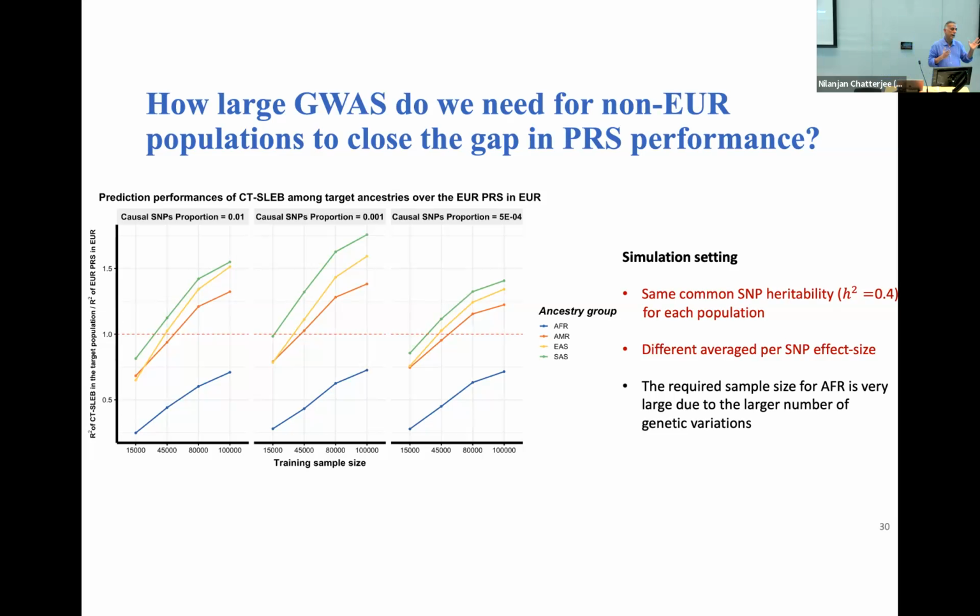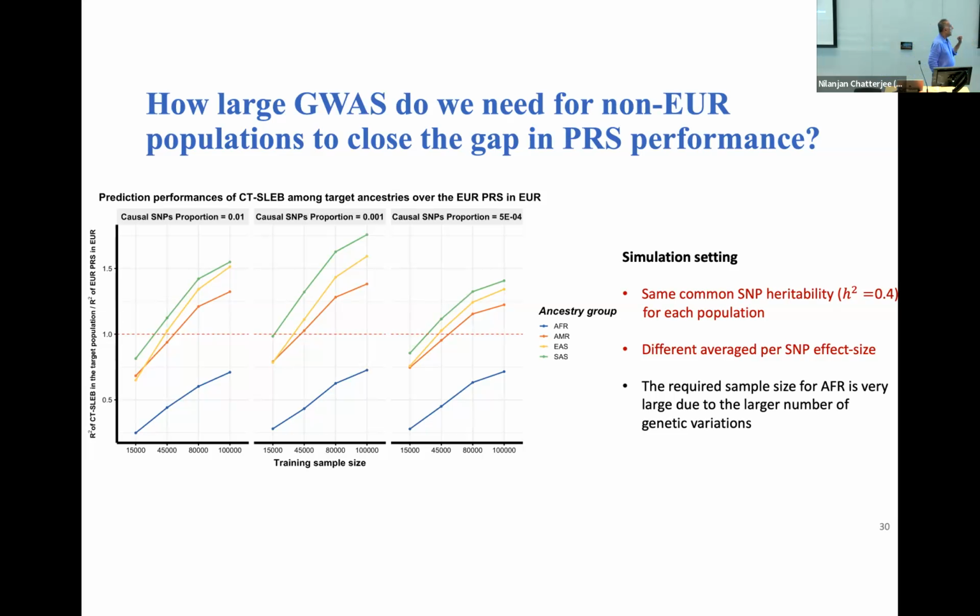In this model, we assume that the amount of heritability explained by common variants is the same across the different populations. As a result, if the African population has twice the number of genetic variants, then at the per-SNP level, the average effect size, or the average amount of heritability explained, is suddenly half compared to the other populations.